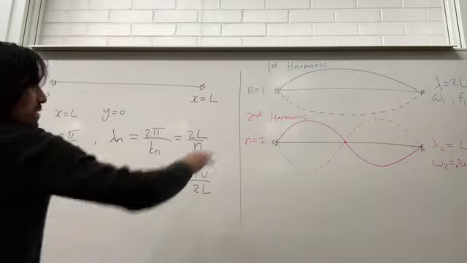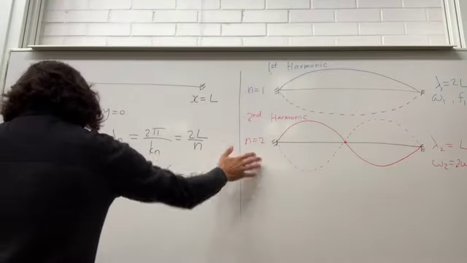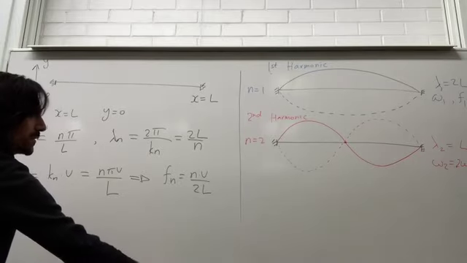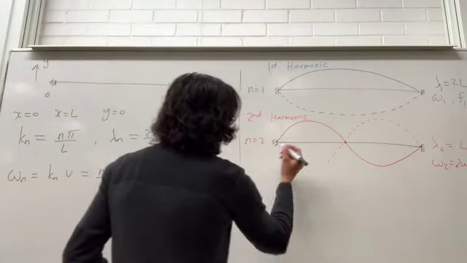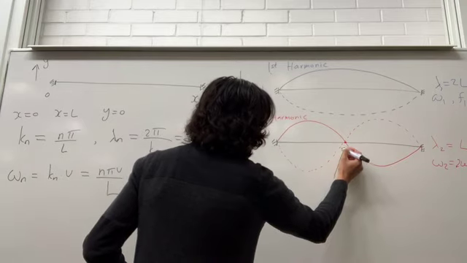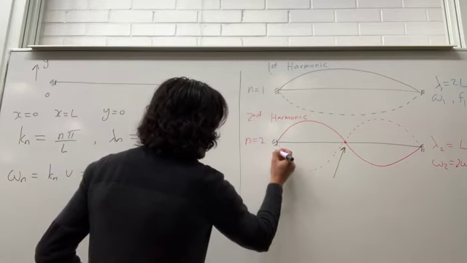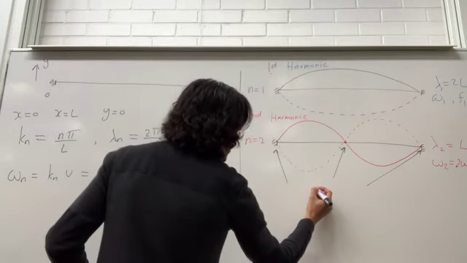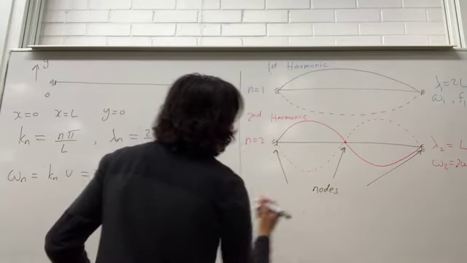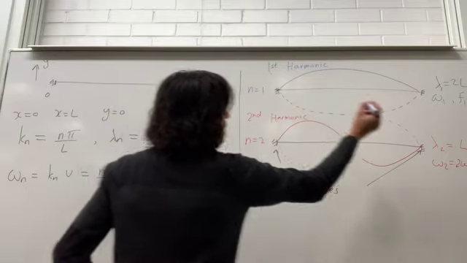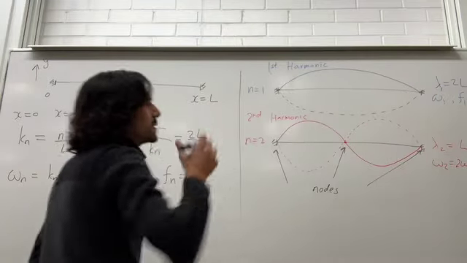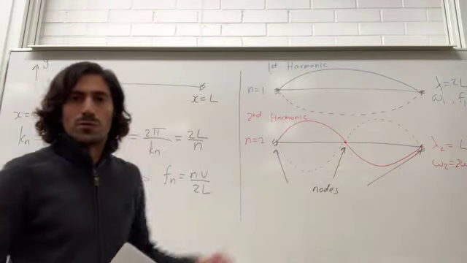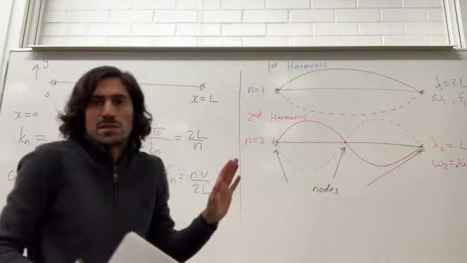All right, so this is the first harmonic, and this is the second harmonic, and these points here, all points actually that we have here, so we have 3 points here, this point, and this point, these are called nodes. So we have 2 nodes here also. These are the points where the masses are not moving. Okay, this point is just standing still there.